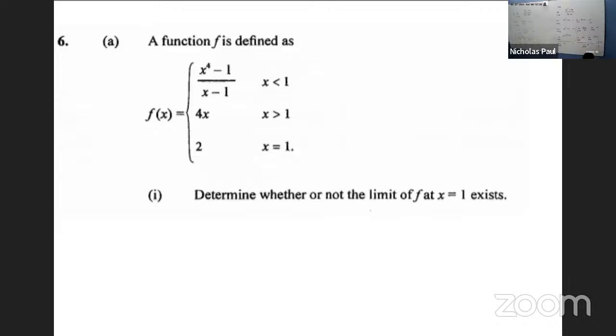So you have to work out the limit from the left and from the right, right? Take your time.